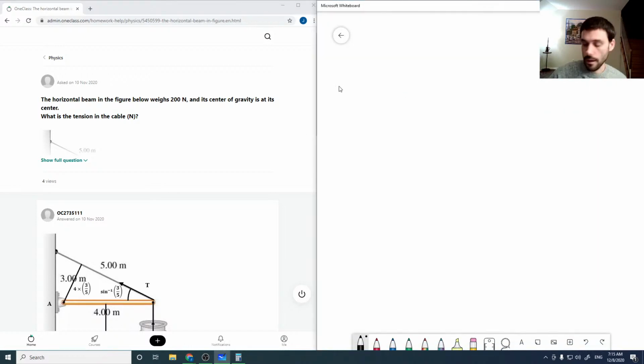All right. Okay, so I'm just going to draw the figure here. We've got a horizontal beam and a wire which extends down and supports a drum. The beam is 4 meters long.